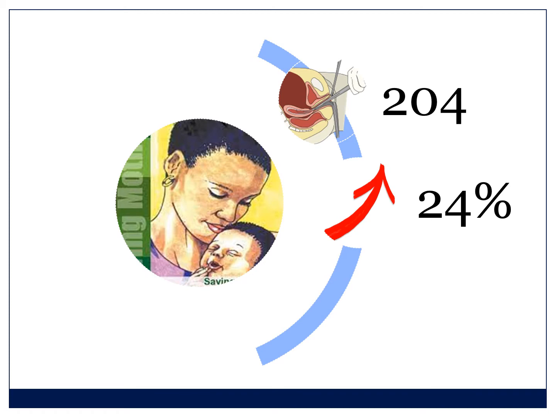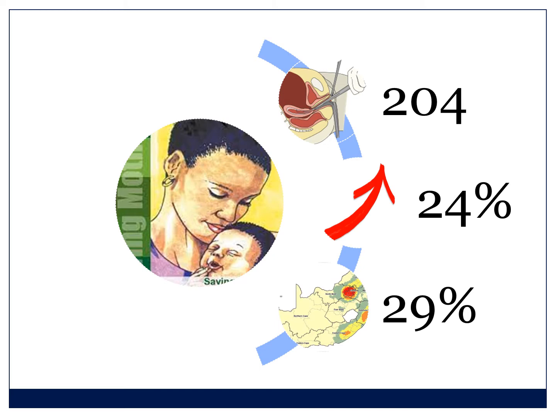And more than a third of these deaths were clearly avoidable. So it's a major issue in South Africa. 29% of them occur in district hospitals, so this is very much a district hospital problem. And it's for a procedure where we should be aiming for almost zero mortality.